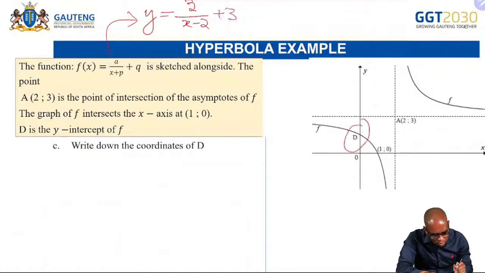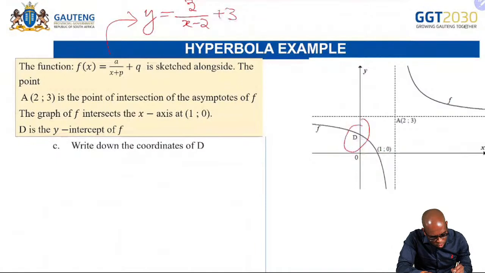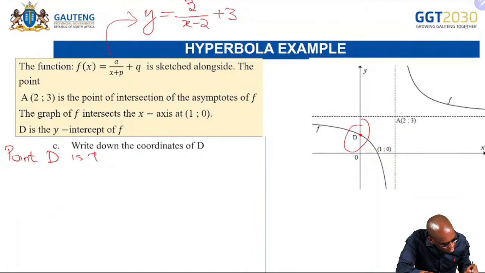Now, if you look at it, point D represents the y-intercept of this hyperbola. It is where the hyperbola intersects the y-axis. So it is the y-intercept. We know that point D is the y-intercept. It is the y-intercept of what? Of f.